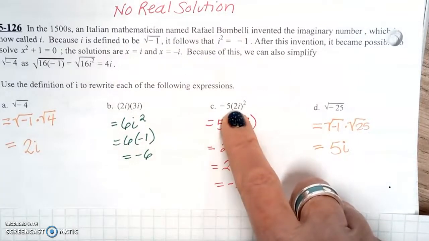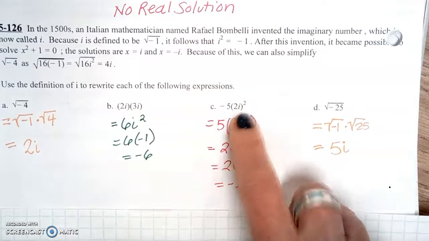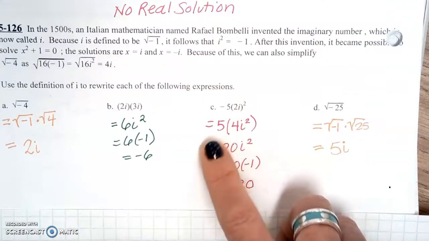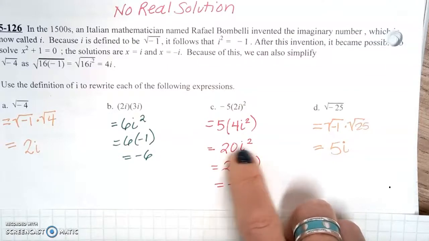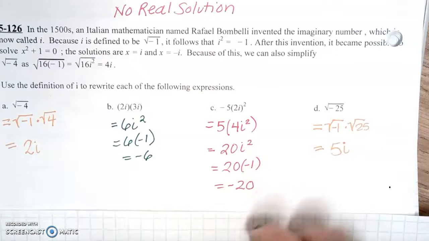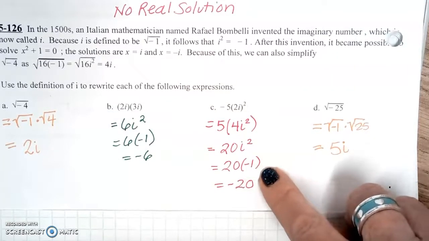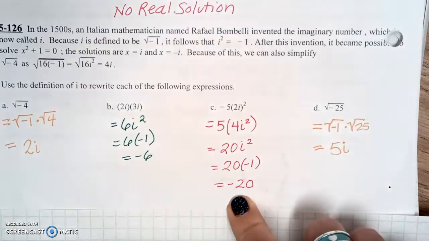So 2i times 2i, the 2 times 2 is 4, and the i times i is i squared. Then we can multiply that by 5, which gets us 20i squared. Our definition says that i squared is equal to negative 1. And then 20 times negative 1 is negative 20.